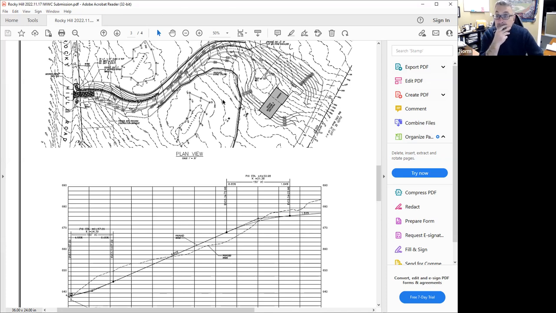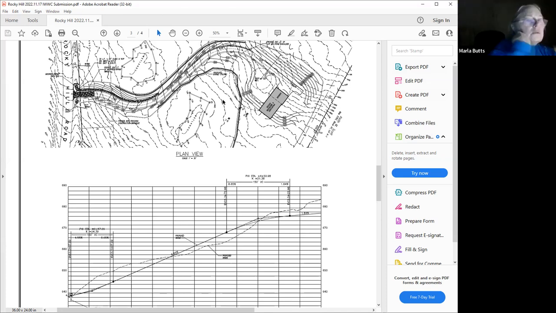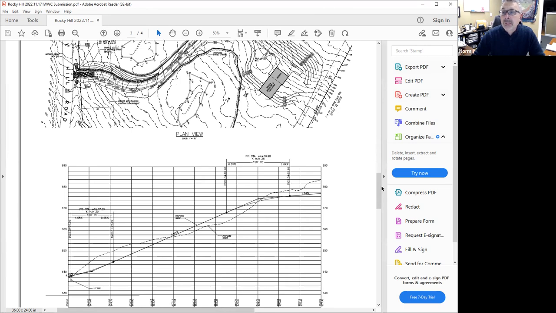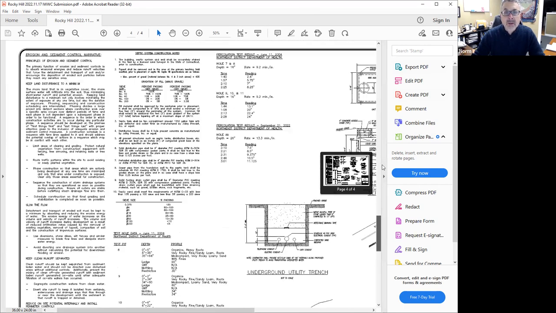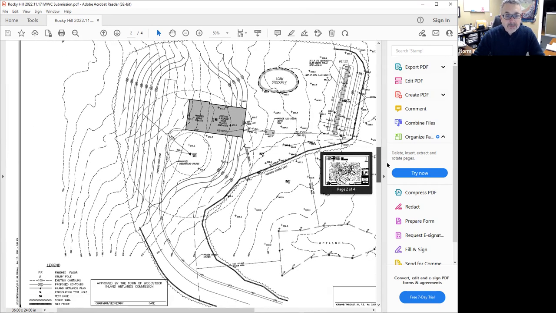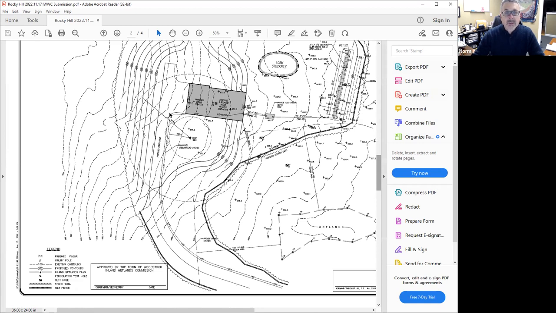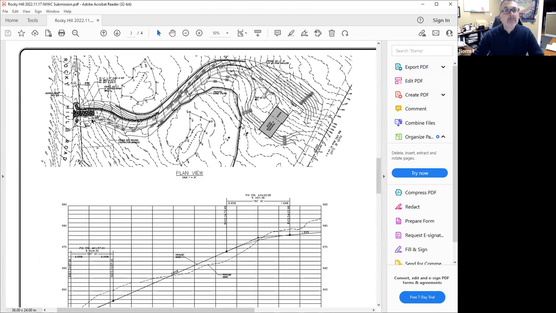So are they gonna do underground utilities? Yes. And are they gonna do that on the south side? Where do I show that? Hang on. Here, it'll be on the east side of the driveway as you approach the house. It'll be the south side here, correct?